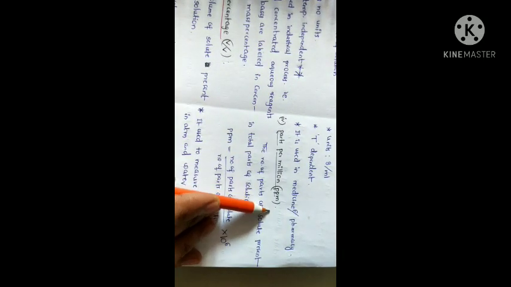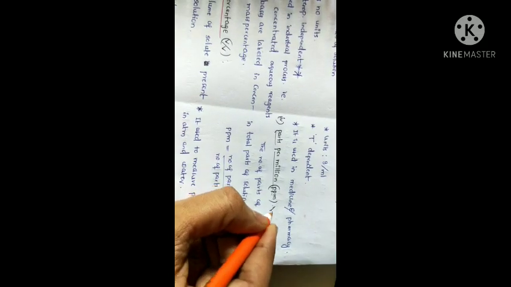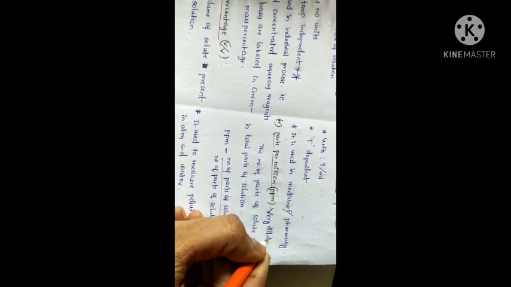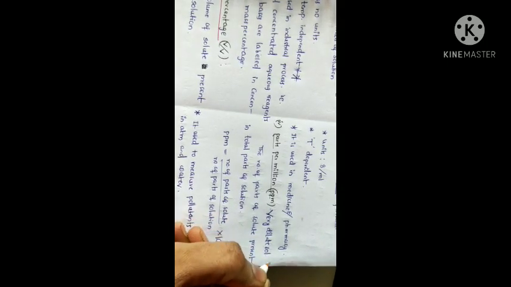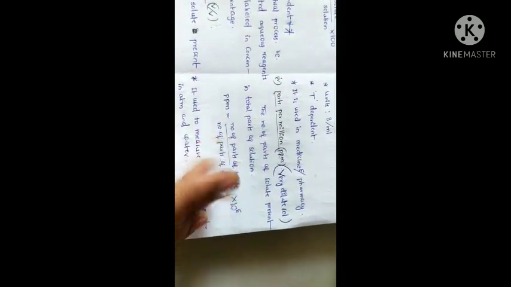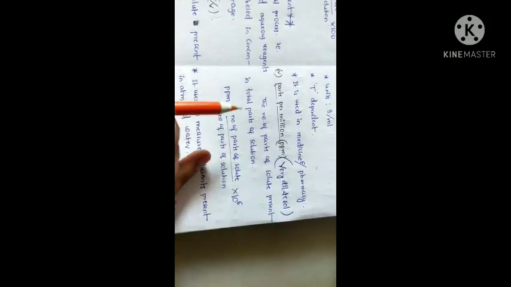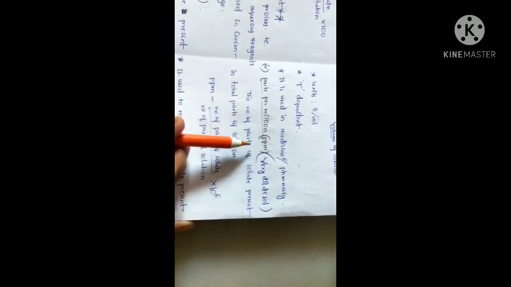And next, parts per million. It is used for very dilute solutions. A very dilute solution means the solute is present in very small quantity. What is the definition?